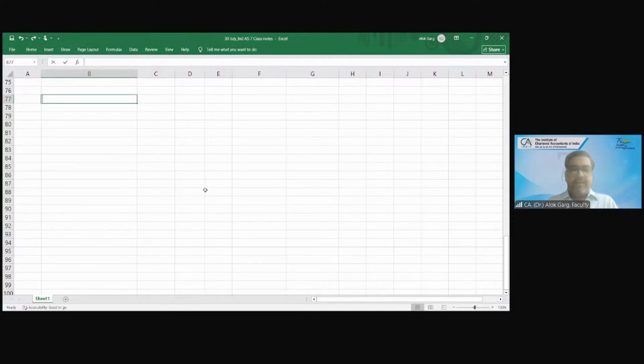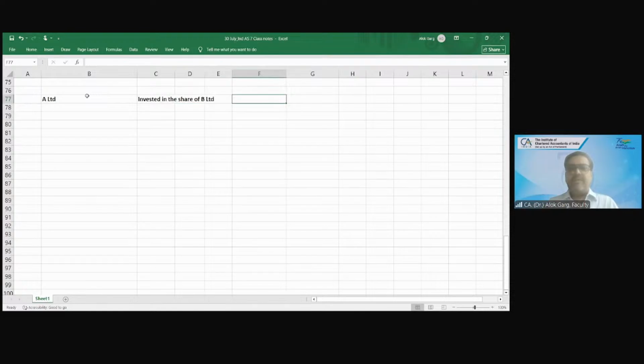This is A Limited, right? I hope the Excel file is visible. Yes, sir, it is visible. So A Limited invested in the shares of B Limited. Investment is there, right?